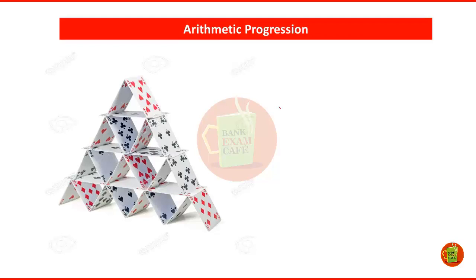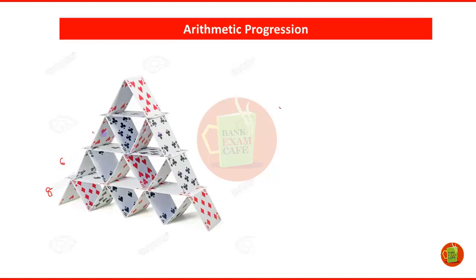Students, do you find any pattern here? Yes, see the baseline. Here at the baseline you will find that 8 cards are used. 1, 2, 3, 4, 5, 6, 7 and 8. Now in the upper layer 6 cards are used.